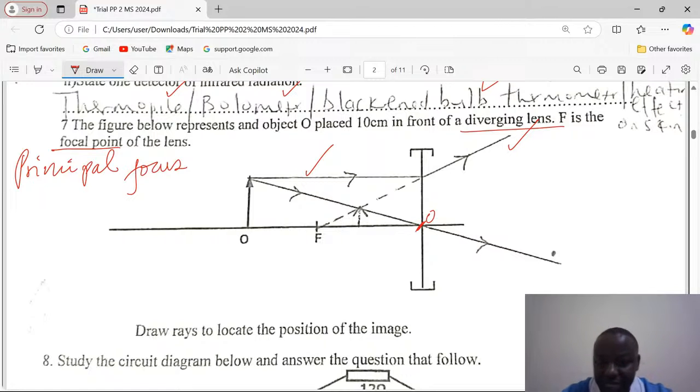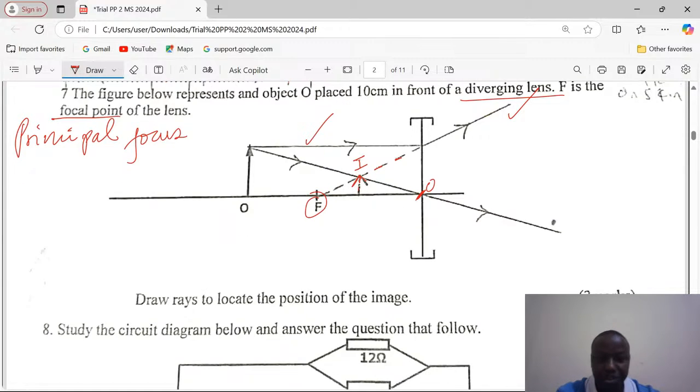As it passes undeviated, it's going to intersect the virtual ray which is originating from F. They're going to intersect, and an upright image which has been diminished is going to be formed. It's virtual because there is a virtual ray. It's also diminished because it is smaller than the object. So that's where we get the image.